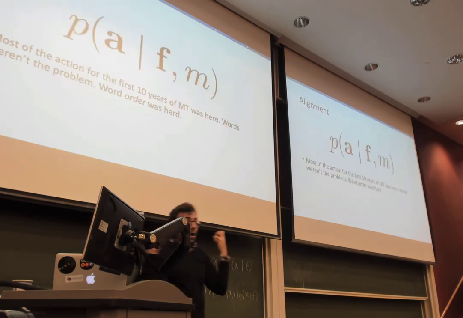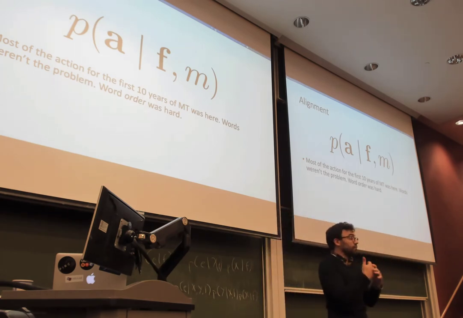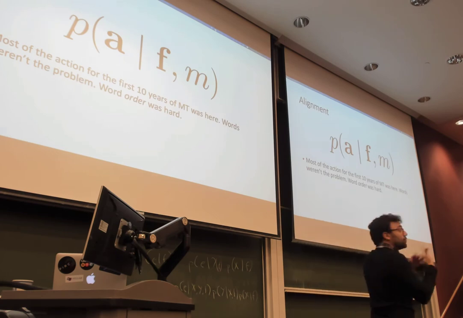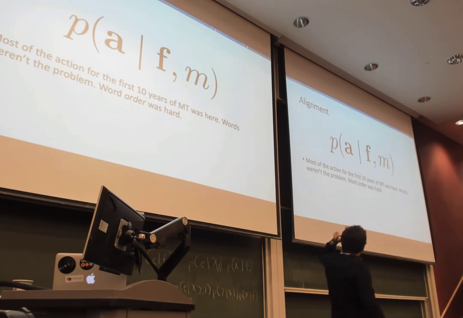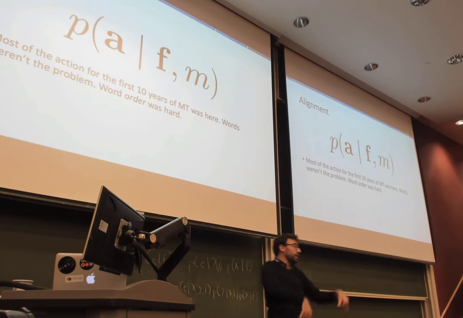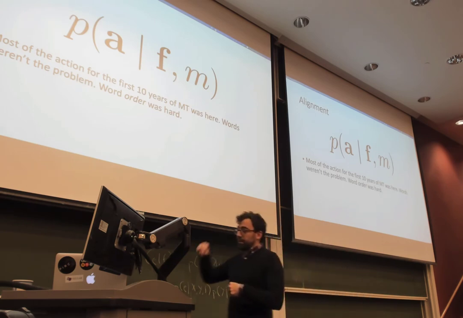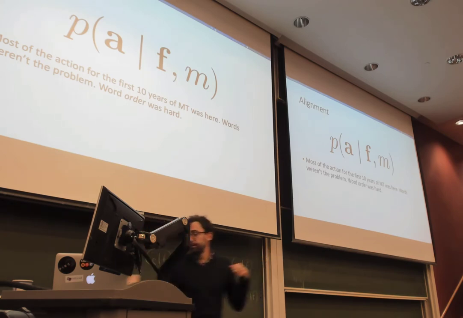Anyway, so a lot of the work in the first 10 years of modern, or maybe more like 20 years of modern machine translation, which was essentially statistical machine translation, was at figuring this out, right? So words, we have dictionaries, we can get word-for-word translations very well or decently well, but the problem is the word order and how you model that.